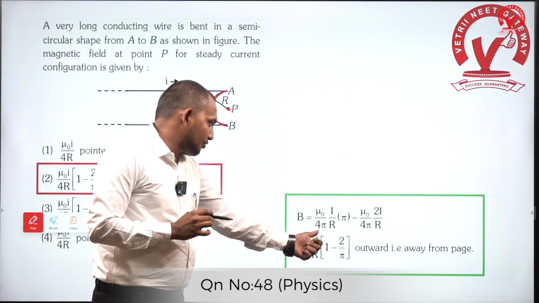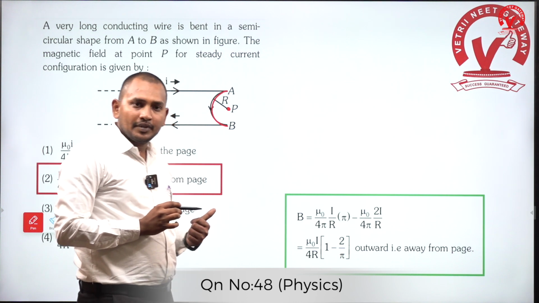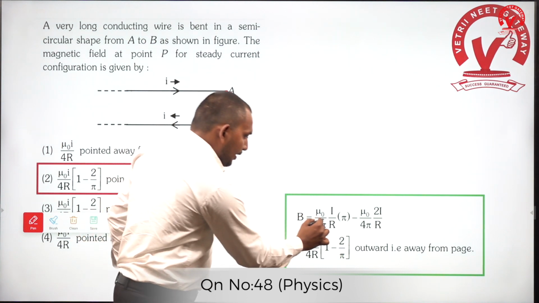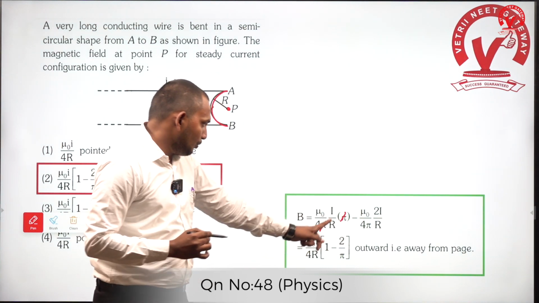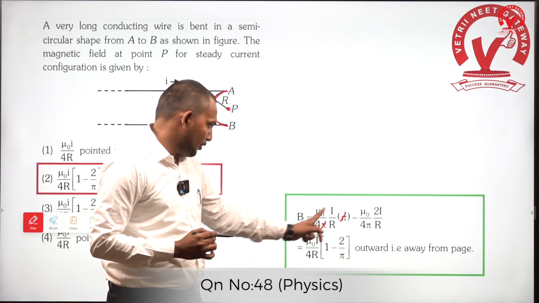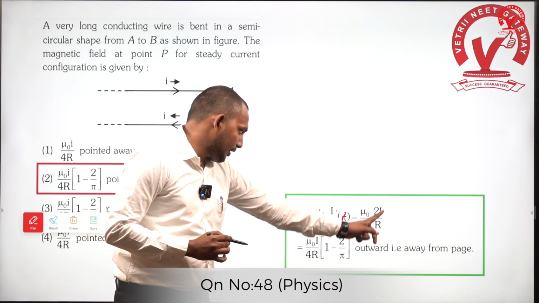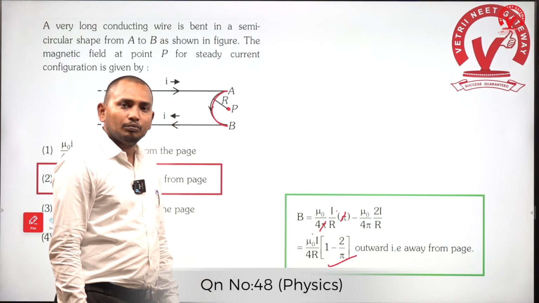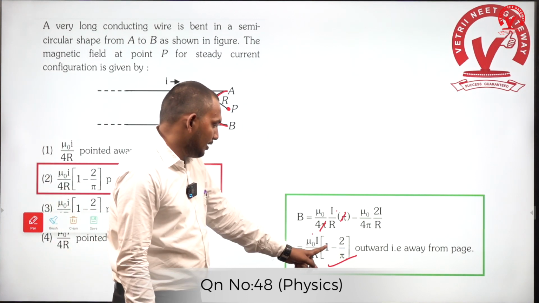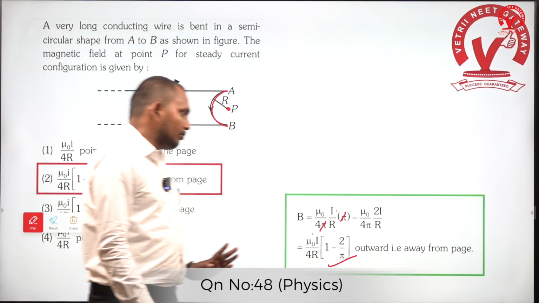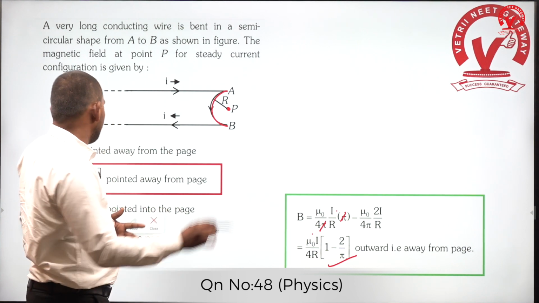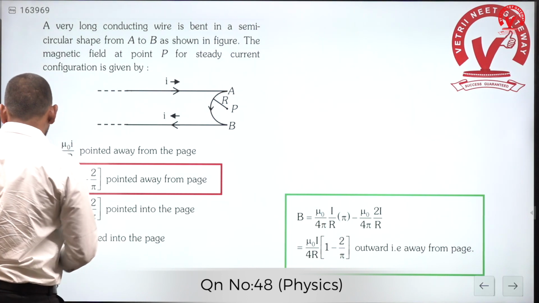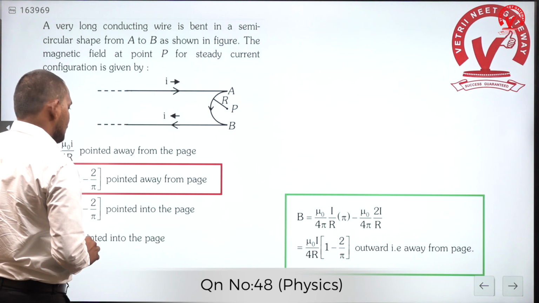Here mu naught by 4 pi, I by R into pi, it is coming out, minus mu naught by 4 pi, 2I by R. Taking mu naught I by 4R common, we will get 1 minus 2 by pi. Mu naught I divided by 4R into 1 minus 2 by pi, that is outwards away from the base, that is option 2. So option 2 is the correct answer for this question.